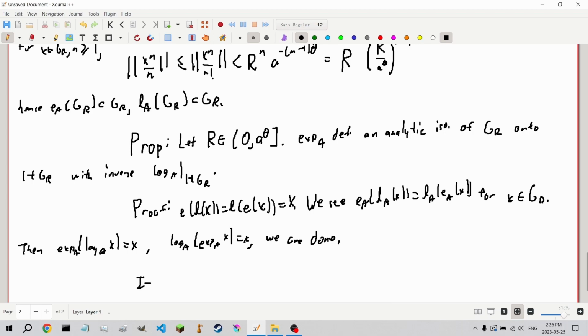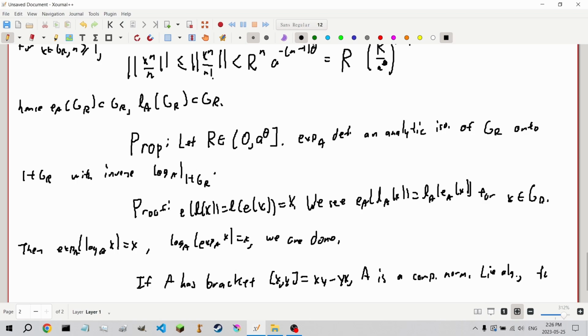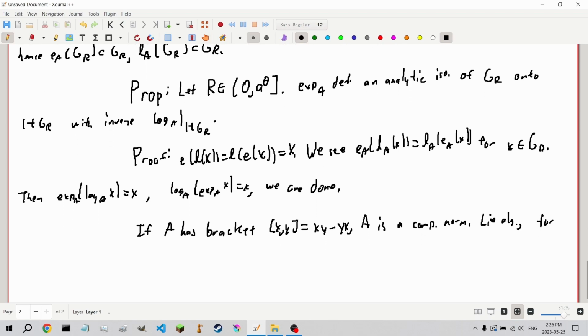If A has the obvious bracket, [x,y] equals xy minus yx, A becomes a complete normed Lie algebra for the norm of our bracket.